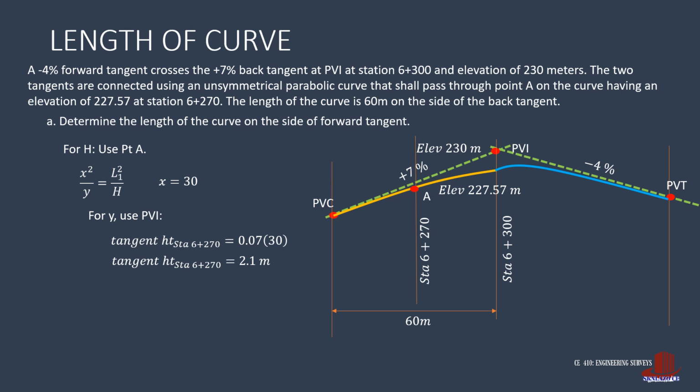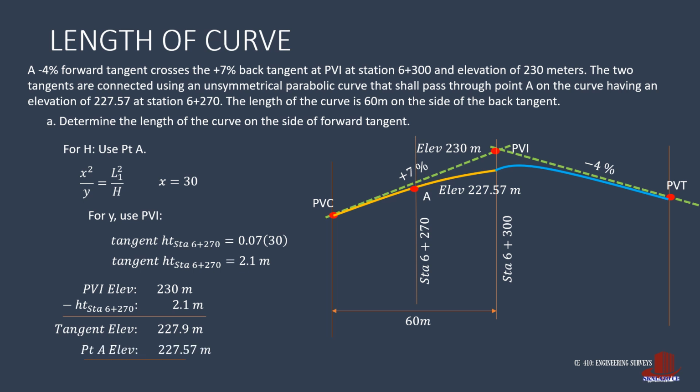Thus, from the elevation of PVI, which is 230, subtract the height of 2.1 meters to look for the elevation of the tangent, which is then computed as 227.9 meters. Compare this with the elevation of point A, which is 227.57. Thus, the gap between the tangent and the curve is y of 0.33 meters.